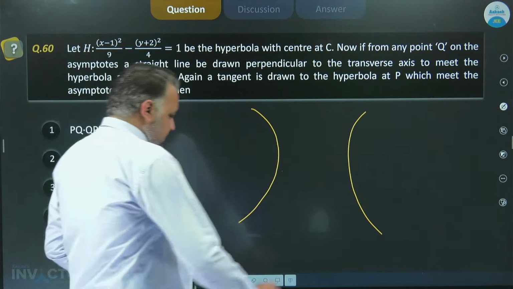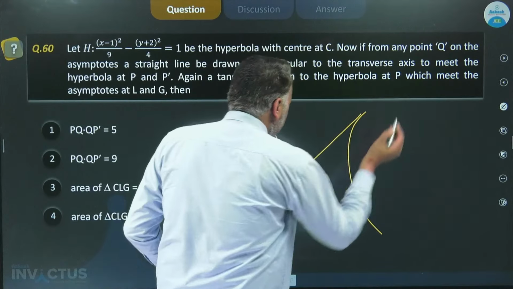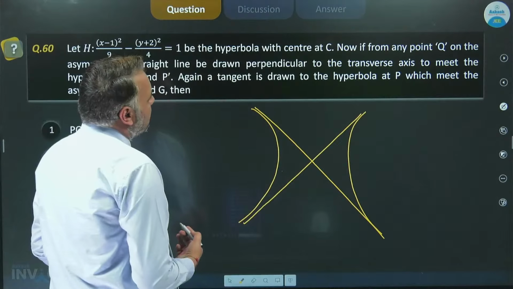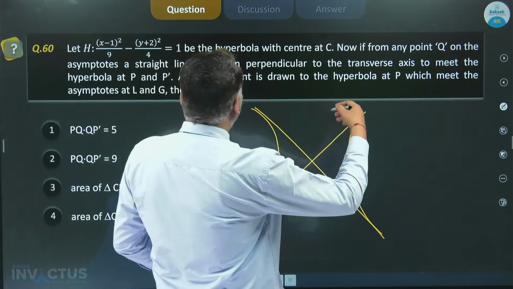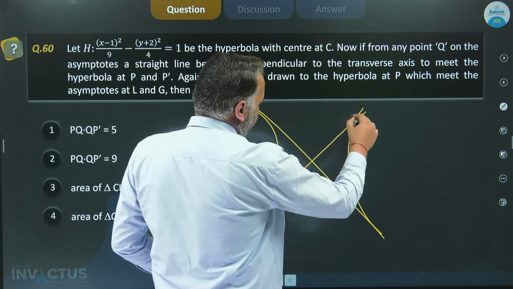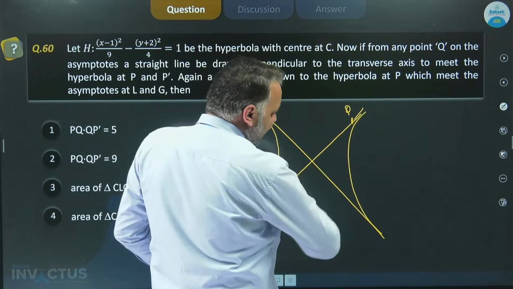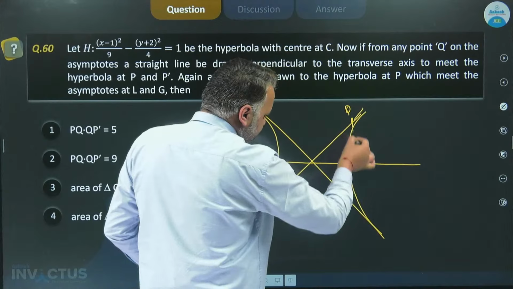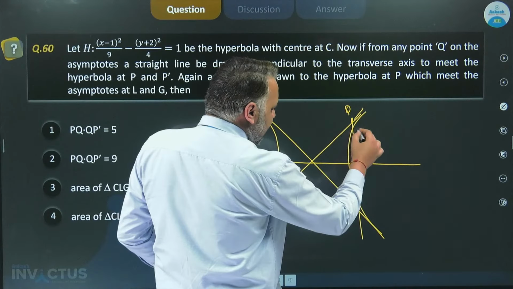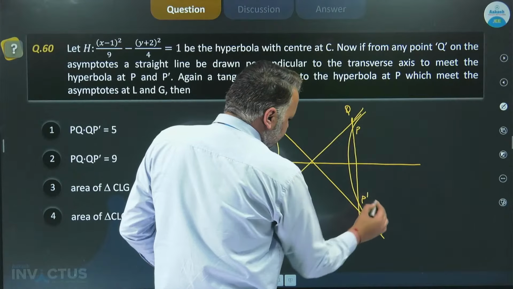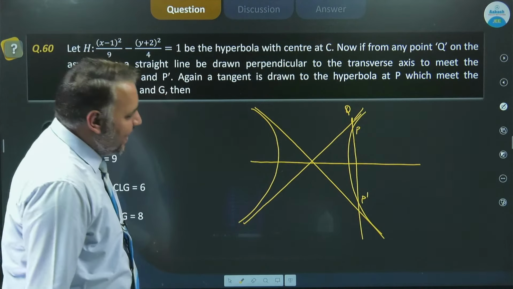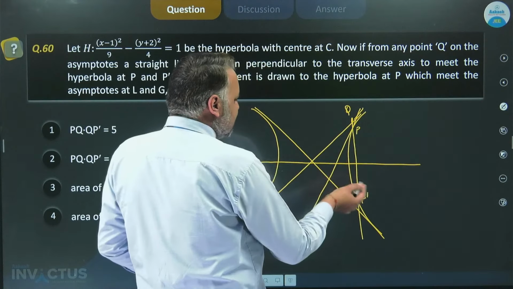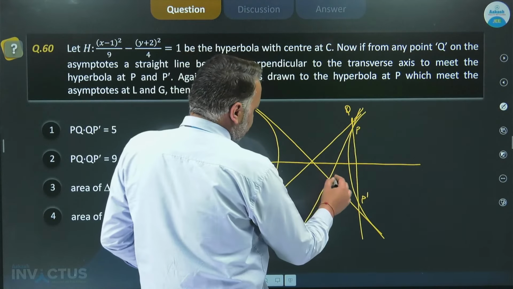Now here they are saying that from any point Q on the asymptotes, a line is drawn perpendicular to the transverse axis, which meets the hyperbola at P and P dash. And at the point P, we have drawn a tangent which meets the asymptotes at L and G.